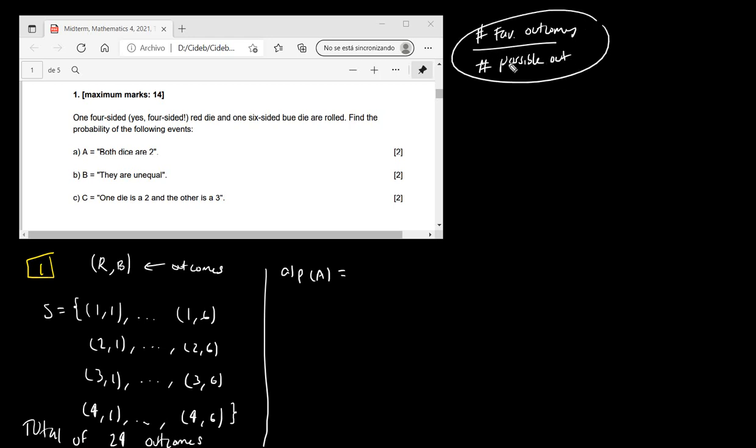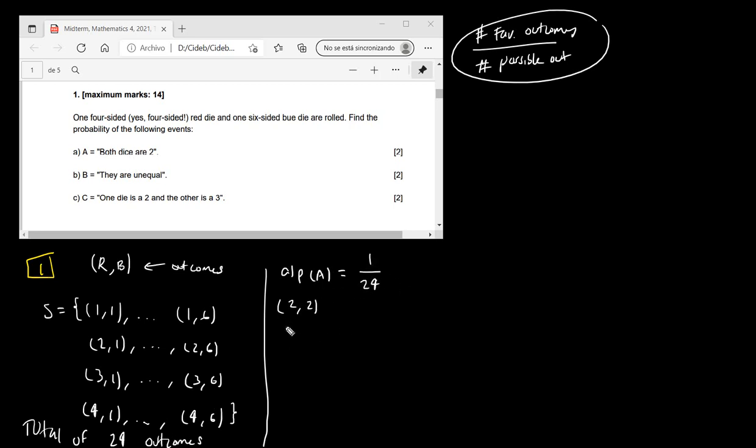This is the most basic definition of probability, and that's what I'm about to do. This event has only one favorable outcome, namely the outcome 2,2. So it's just one favorable over 24 possible ones.